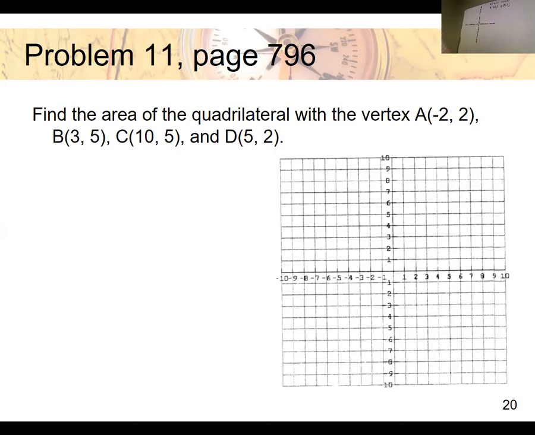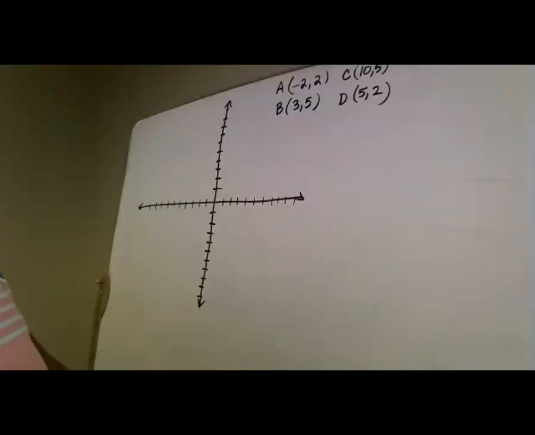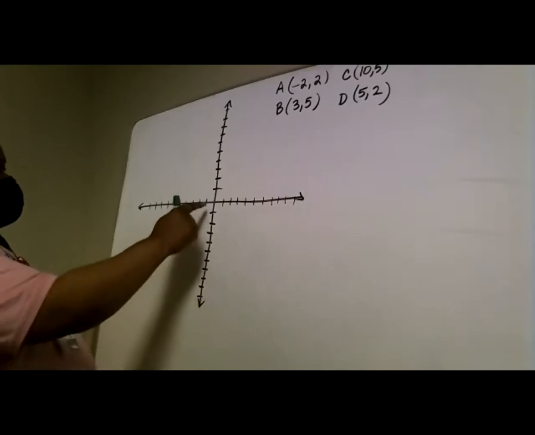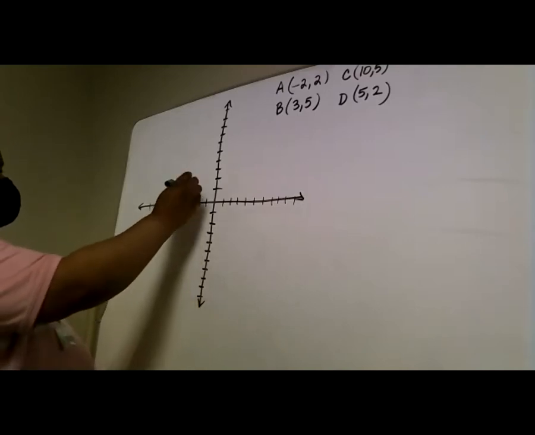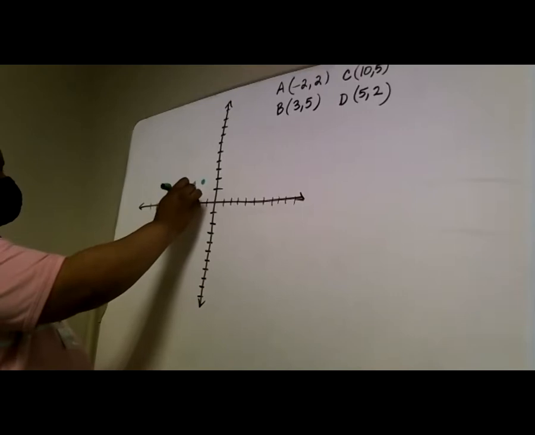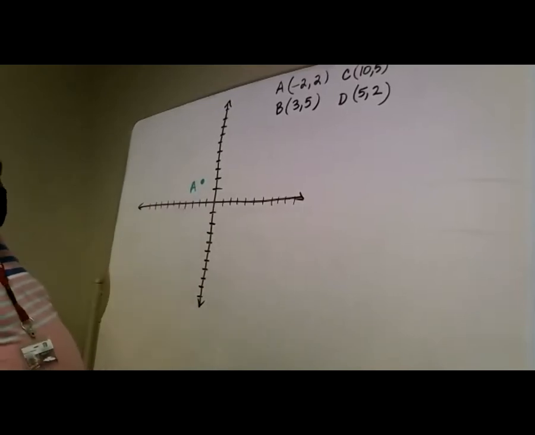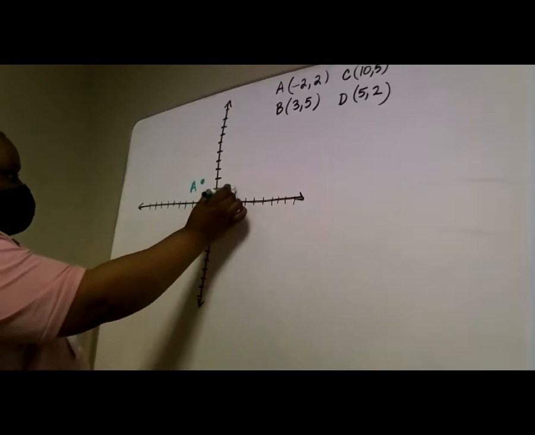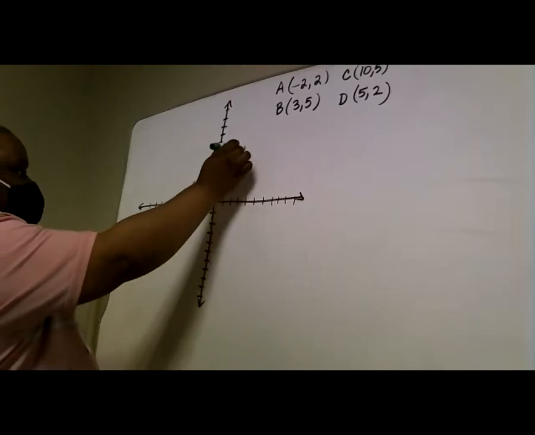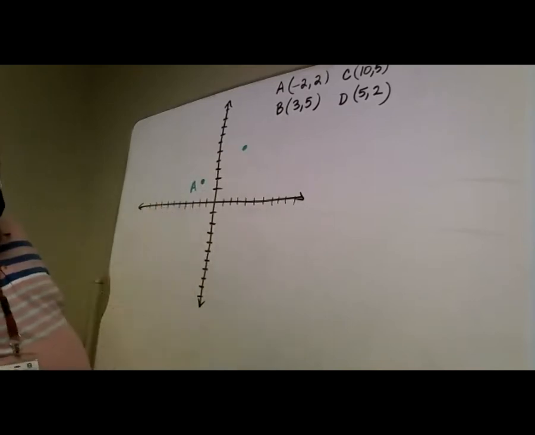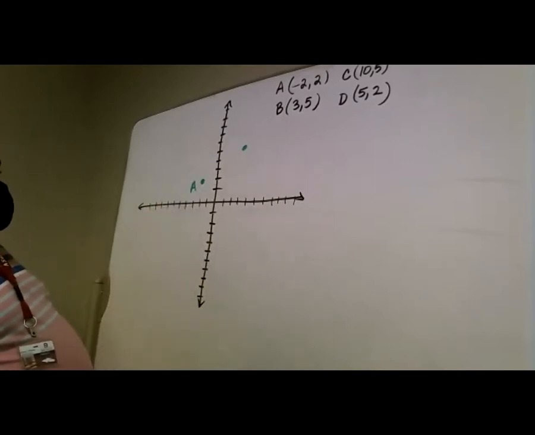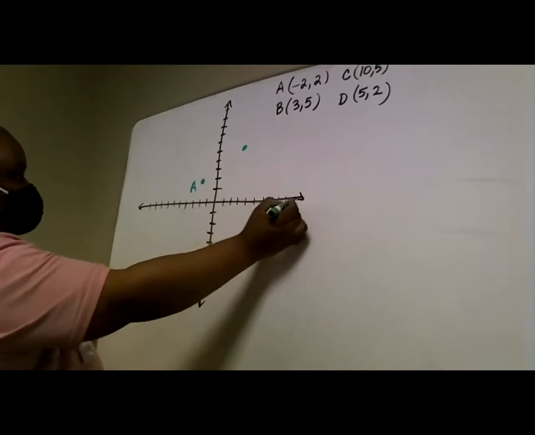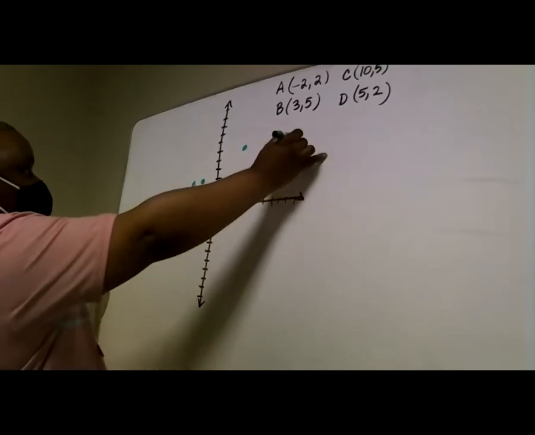So for negative 2, 2, we go to the left 2 and up 2 and draw the point. So that's point A. And then B is 3, 5, so we go to the right 3 and up 5. And then C, which is 10, 5, we go to the right 10 and up 5.